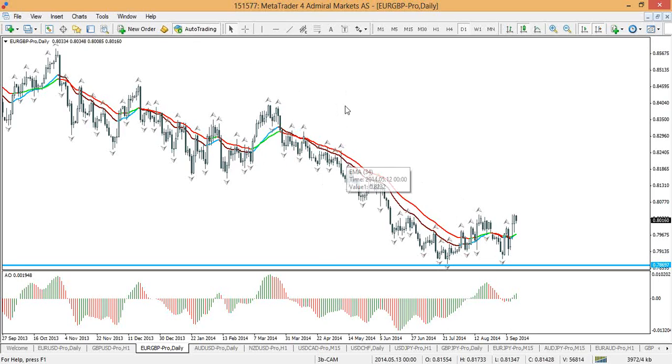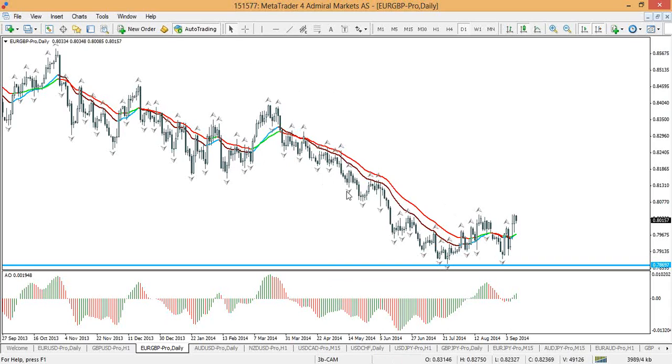Because they're so close to each other, when the 21 accelerates away from the 34, there's a momentum increase. When they get closer to each other, there's a momentum decrease and more correction or contraction. So one has an idea if momentum is accelerating or decelerating.